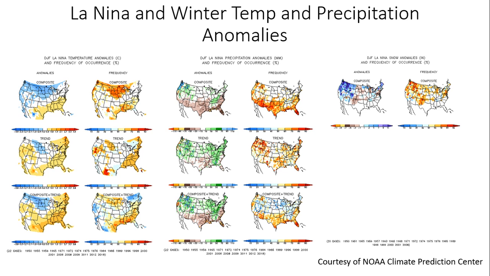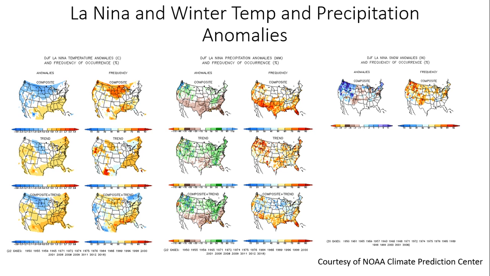So the blue shading on the far left, upper left, that composite, shows below normal temperatures, whereas the tan shading indicates above normal temperatures. And then the frequency of occurrence is right next to that, showing, for example, orange represents 70 to 80% frequency of occurrence, with the actual cases in the years below these particular maps.